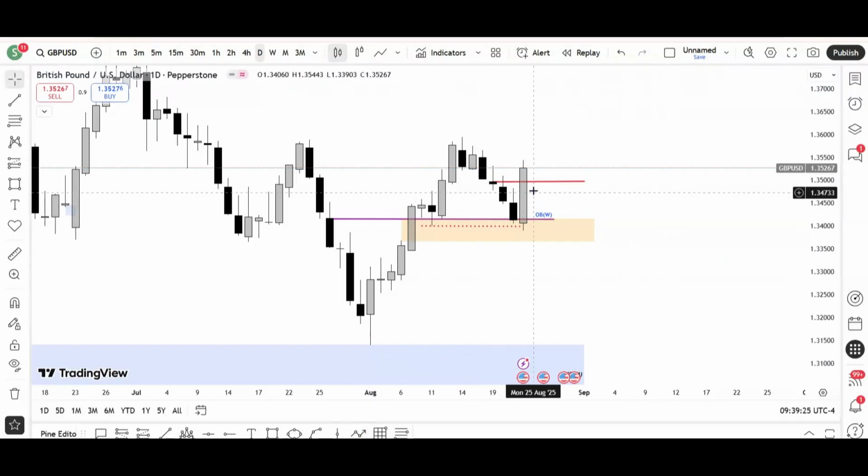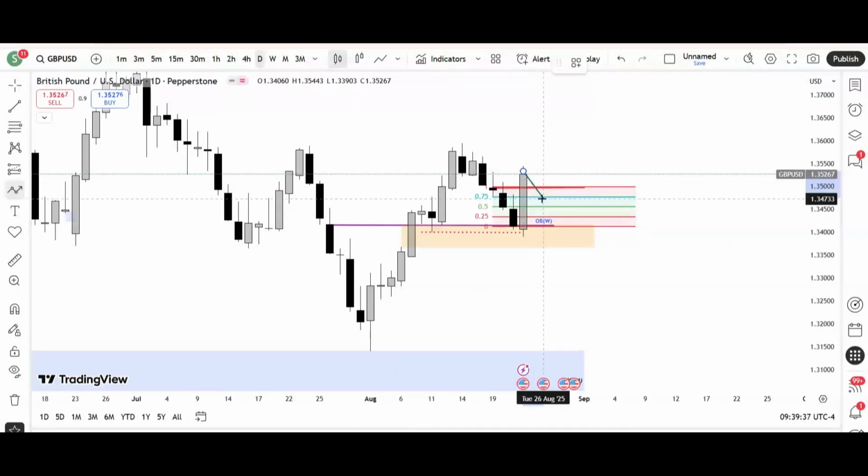So we're expecting that price might use this daily order block to push price higher. So we might get this retracement to any point of this order block before we finally get our bullish continuation.